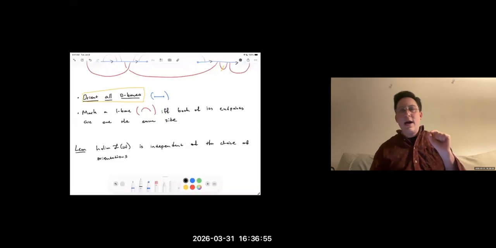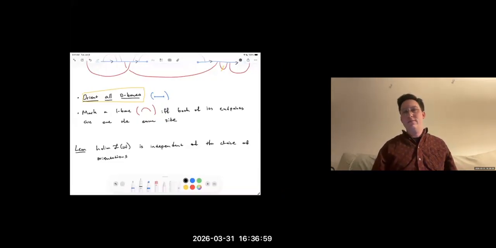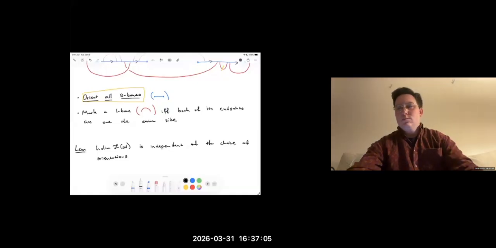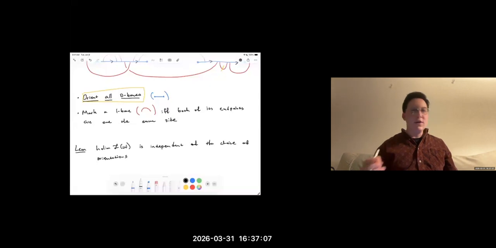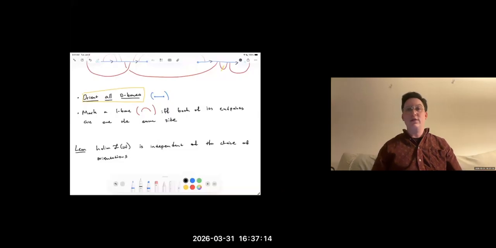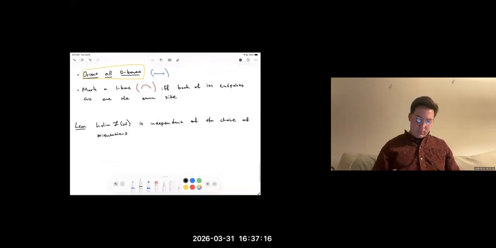Okay, so that says L of W is not fully well defined, but the homotopy limit is well defined. And of course, when I say well defined, I mean in the only sense in which the homotopy limit is defined at all, which is up to weak equivalence, which is quasi-equivalence of DG categories.